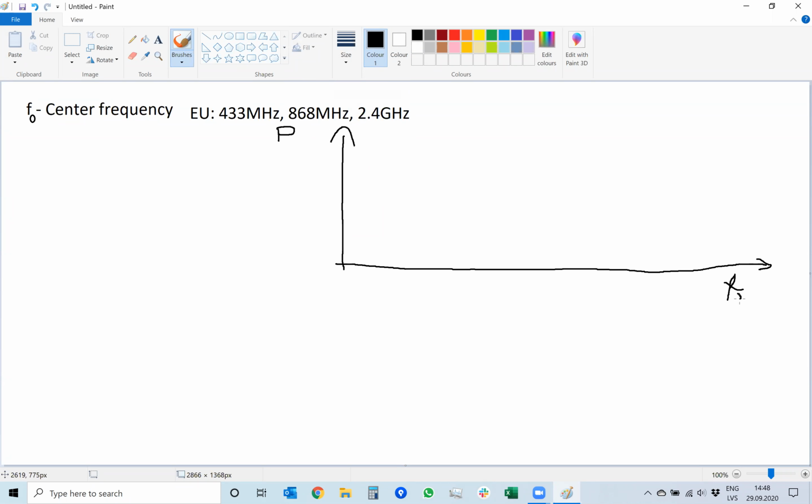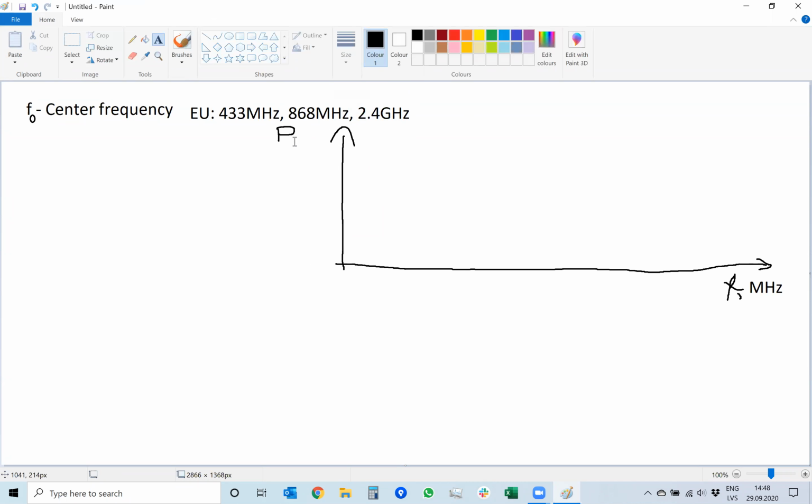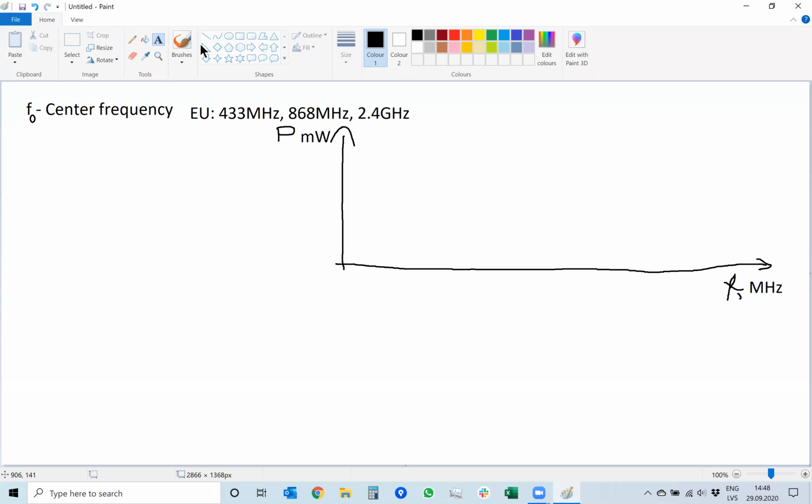So frequency, let's say it will be in megahertz, and power, for example, milliwatts, because we don't really use that much energy when we transmit in wireless sensor networks.